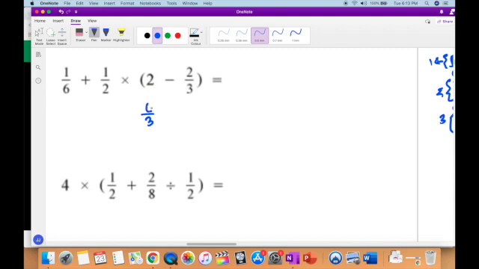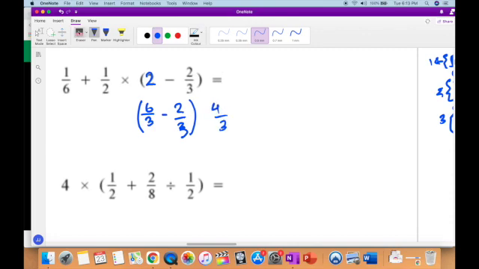The answer is obviously 6, because 6 divided by 3 gives me 2. So now I have 2 in the form of a fraction, 6 over 3 minus 2 over 3, and I can just minus to get 4 over 3.